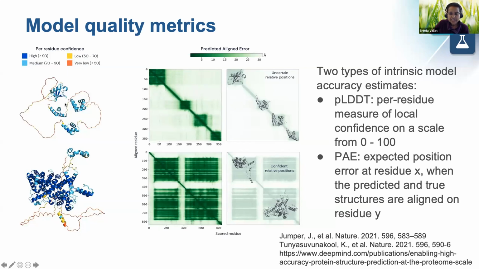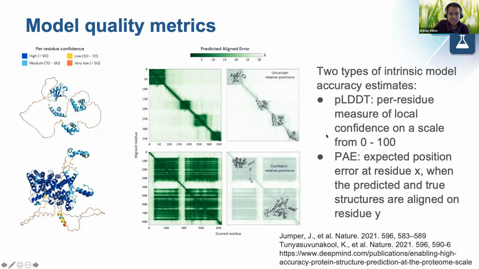As can be seen here, regions of high and low confidence based on pLDDT are identified using color codes. The blue and cyan regions are regions of high confidence, and the orange and yellow regions are regions of low confidence. The pLDDT score can be averaged over all residues in a protein chain to provide a global score.